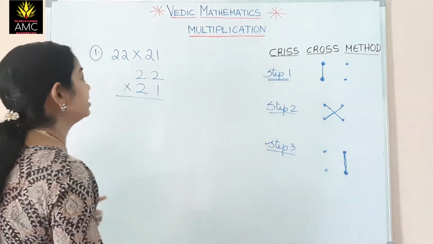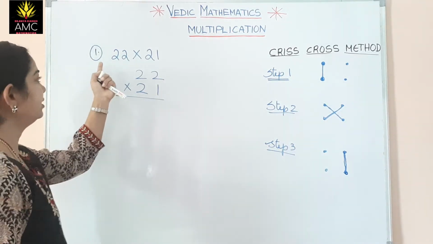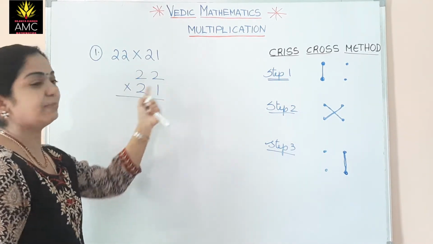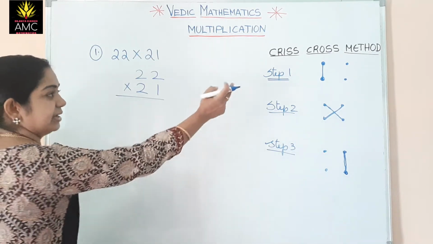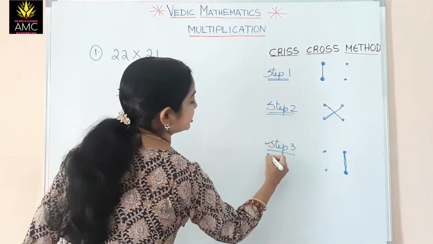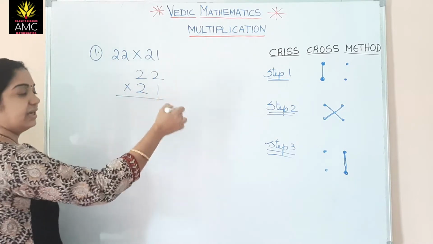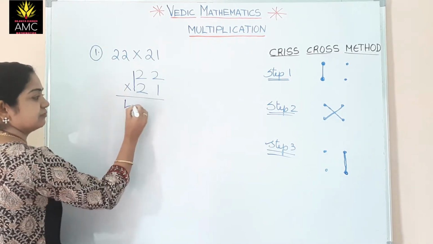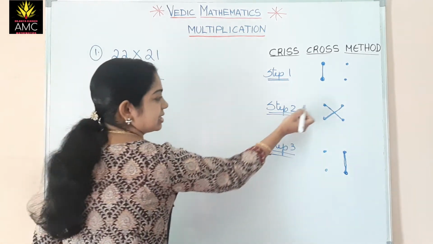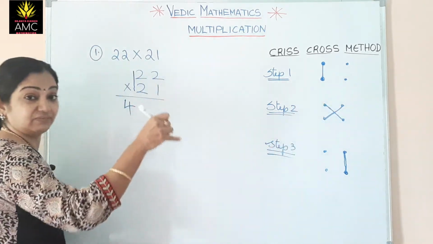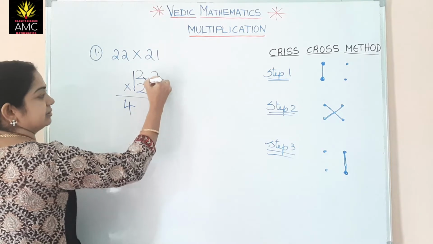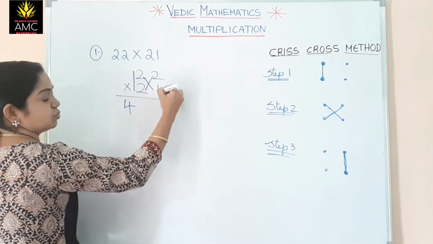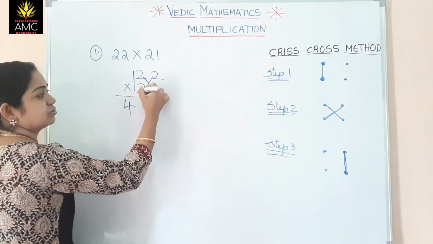So, let's do it using the example. I have taken a simple example, 22 multiplied by 21. What we did in step 1: we multiply the extreme left, these two. So, 2 into 2 is 4. Now, in the second step, crosswise, but we will be adding. 2 1s are 2 plus 2 2s are 4.